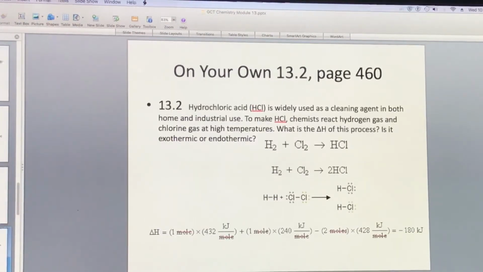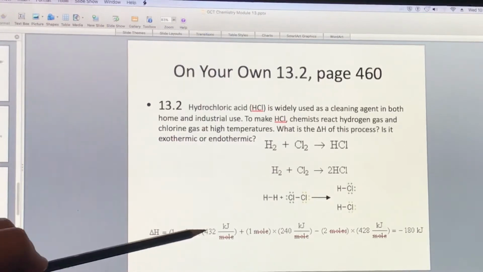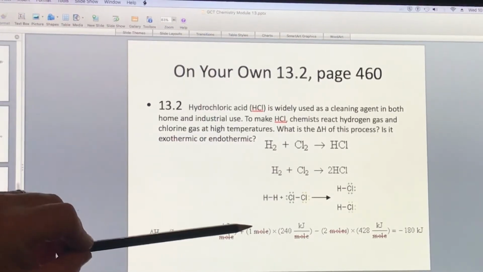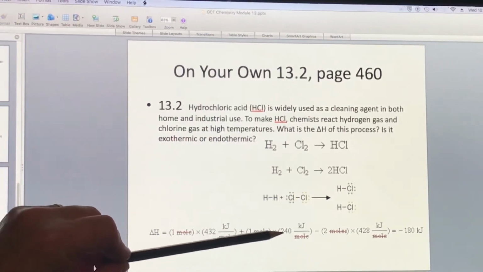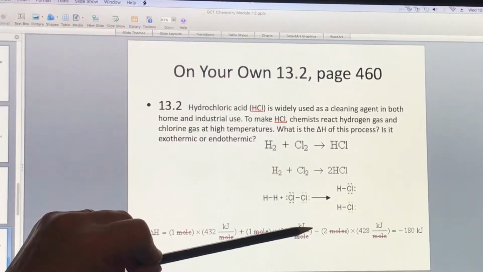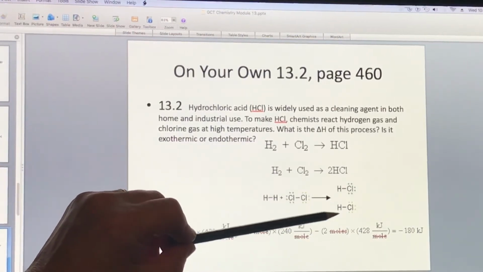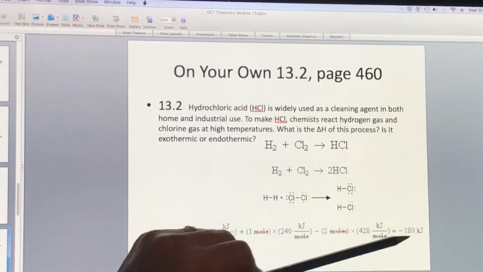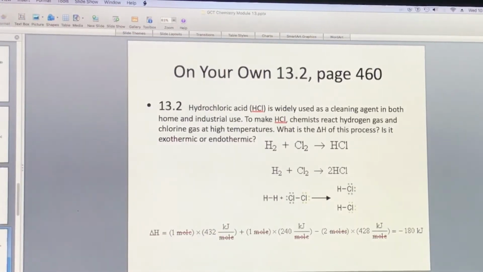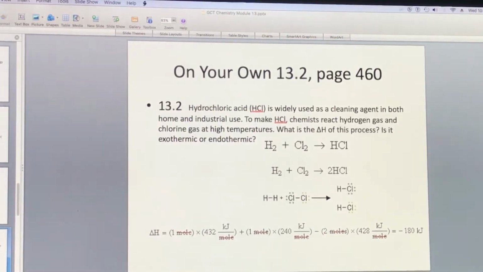And so we would come up with this. We have 1 hydrogen to hydrogen bond, 1 chlorine to chlorine bond, and those are all the reactants, then we'd be subtracting the products. It's 2 times the hydrogen chlorine bond, and then the answer for that is negative 80 kilojoules, and so that would be exothermic because we have a negative delta H.